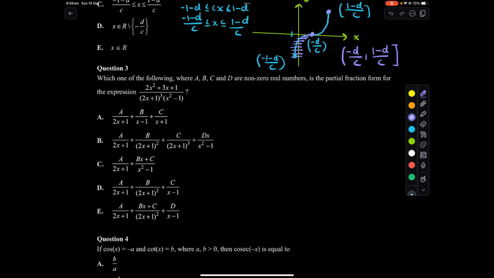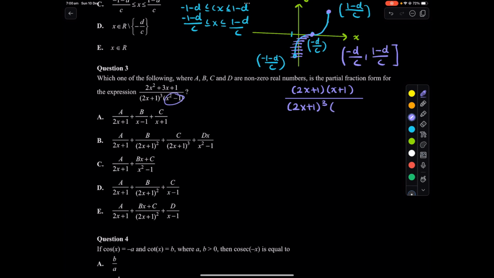So the top part can factor to 2x plus 1, x plus 1, all divided by this expression over here, 2x plus 1 to the power of 3.